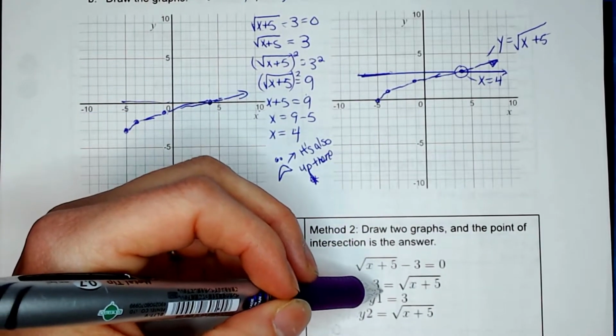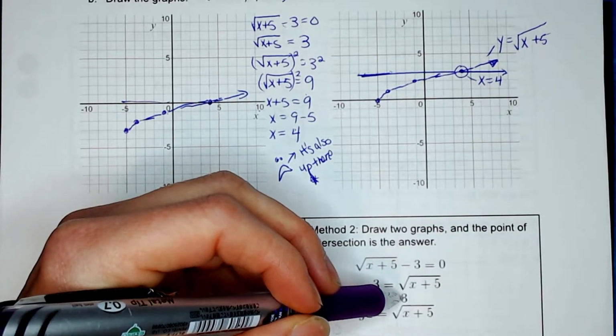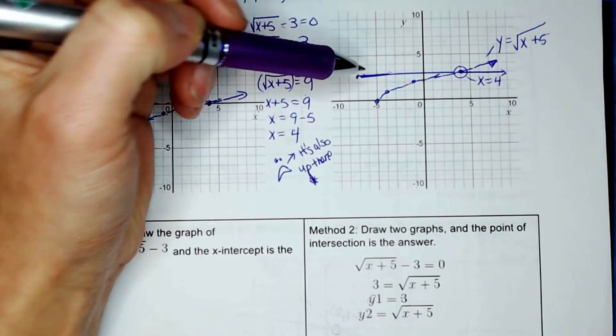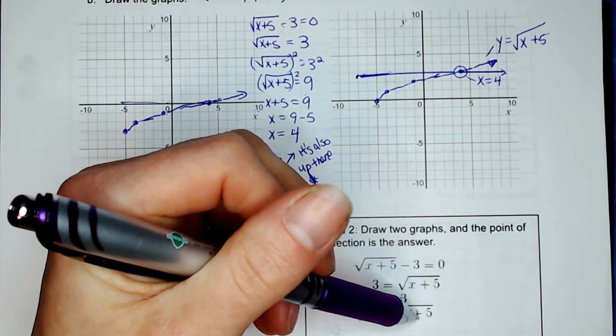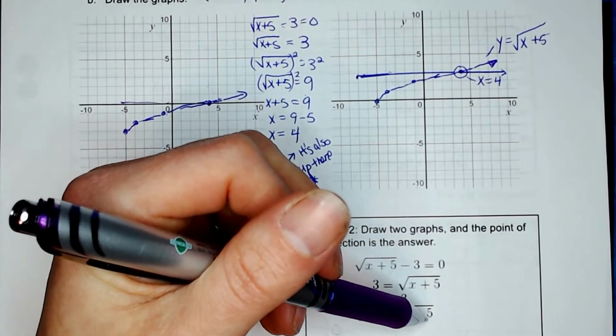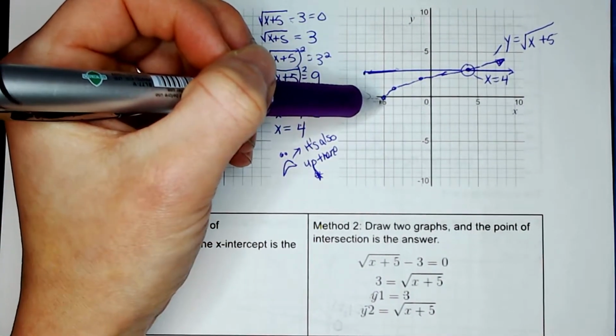The first graph is y1 = 3. That's here, this horizontal line that's going across the graph. And y2 is √(x + 5), which is a shift to the left 5 units. So 1, 2, 3, 4, 5 from the origin.